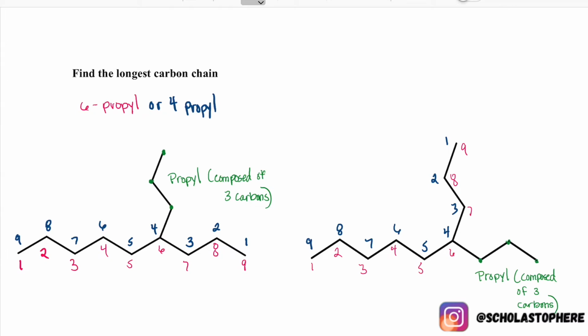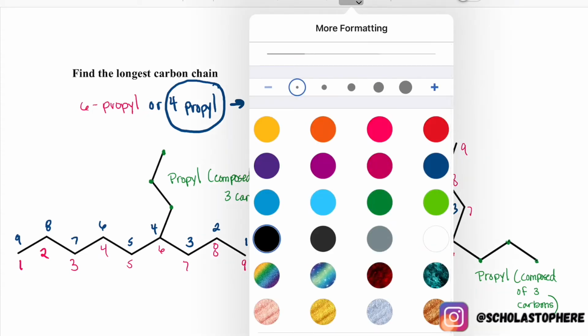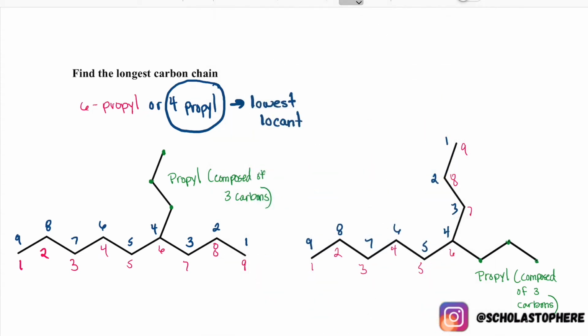However, when we number in the reverse, from right to left in the blue ink, the substituent group falls on the number 4. So remember, the substituent group always needs the lowest locant number to be correct. So in this case, since 4 is lower than 6, the numbering from right to left in blue ink is the correct numbering. So the final name should state 4-propylnonane.